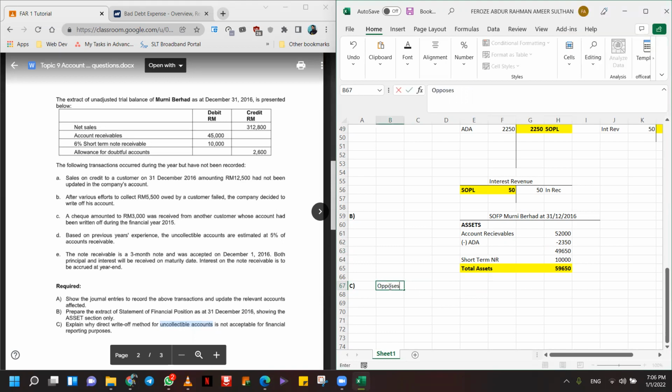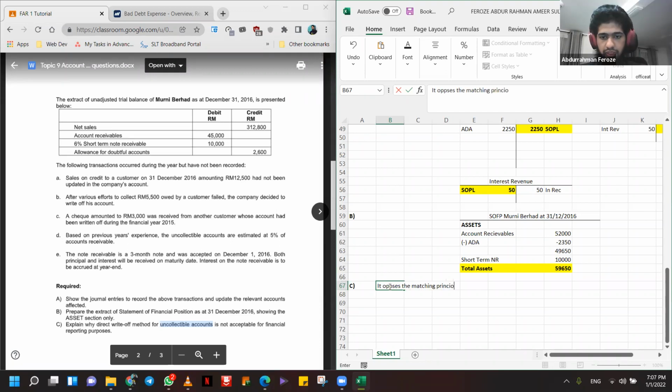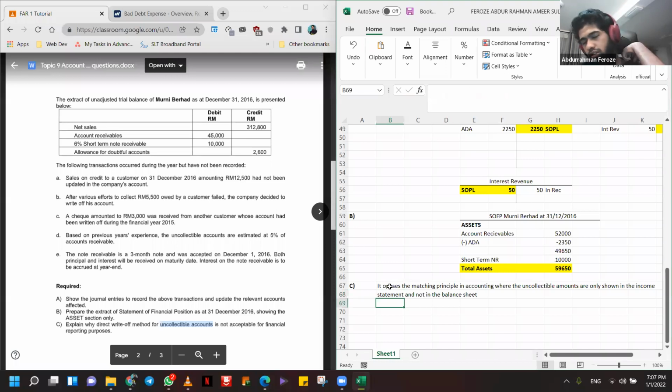Okay, so you can say it opposes the matching principle in accounting, where the uncollectible amounts are only shown in the income statement and not the balance sheet. So this is a brief answer, but if you need to explain it a bit more, then you can.